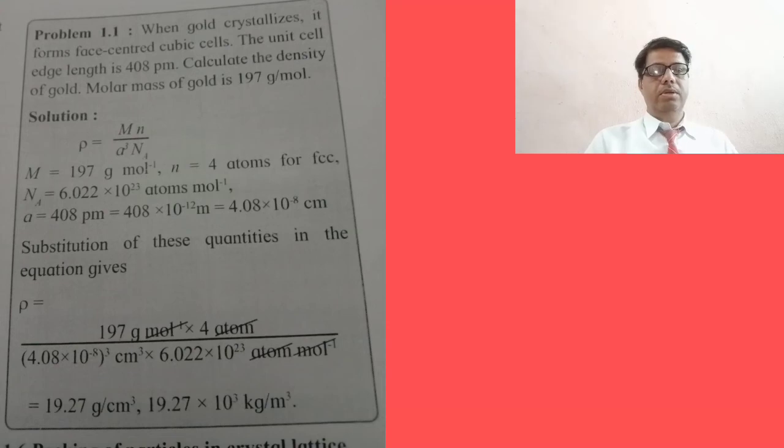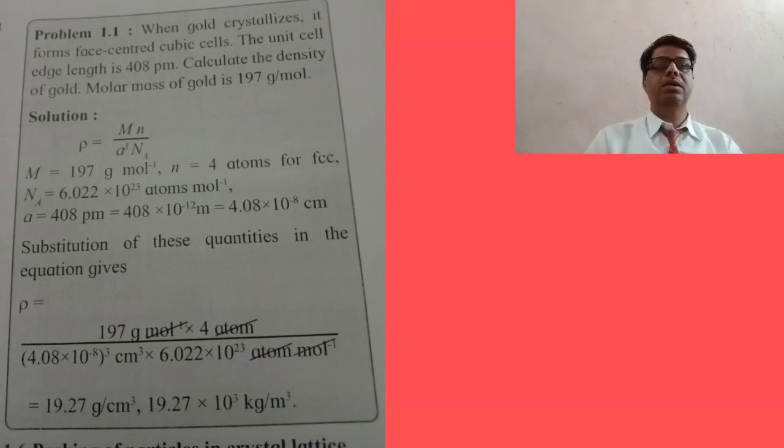Next one, put the values of the given parameters in the formula. So rho equals 197 gram per mole times atom, divided by (4.08 × 10^-8 centimeter)^3 times 6.022 × 10^23 atom per mole.